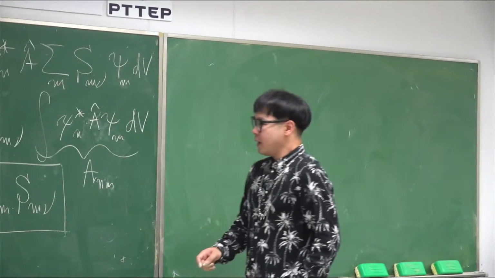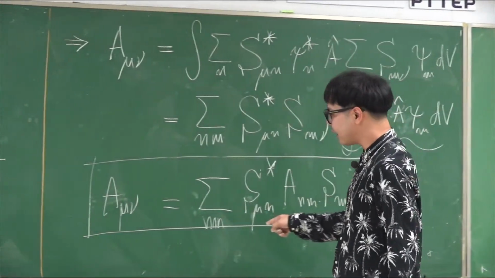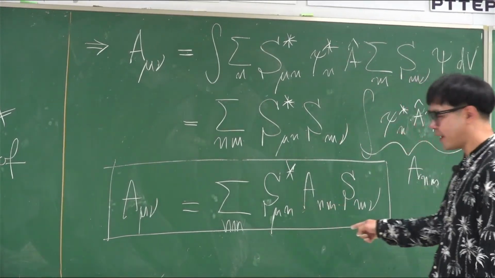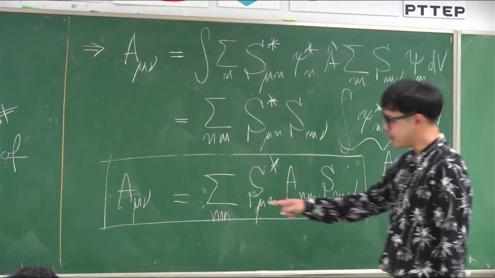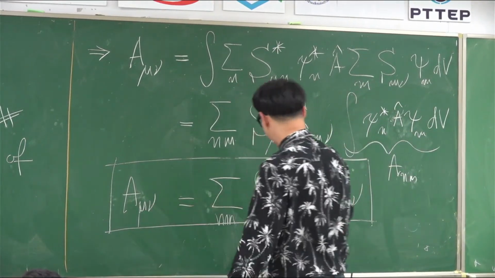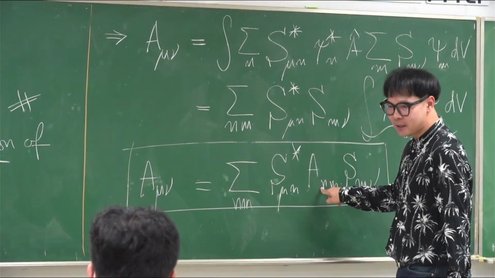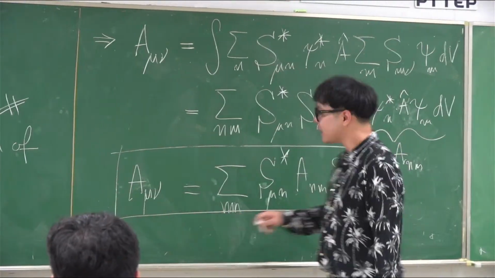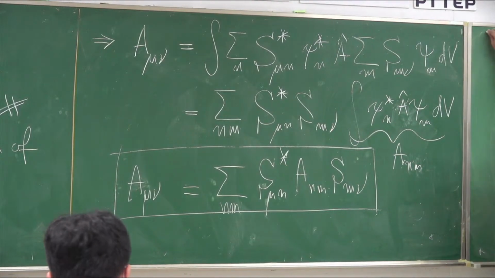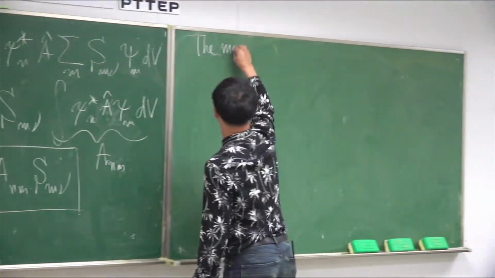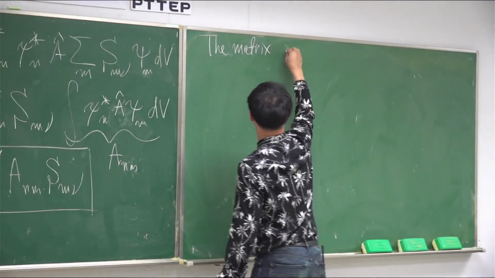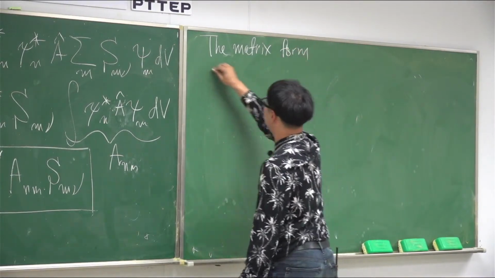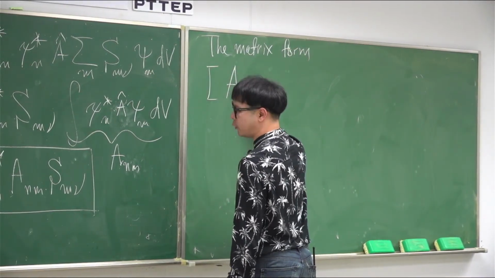This means it can be anything, and it's not going to appear on the other side of your equation. So here is not a matrix representation yet. This is just a transform from this element to this element. But if you want to put it in a matrix form, it's very simple.